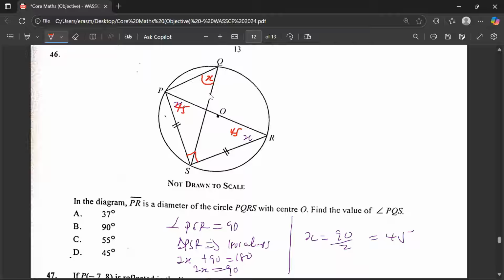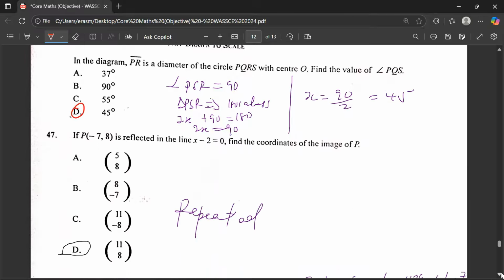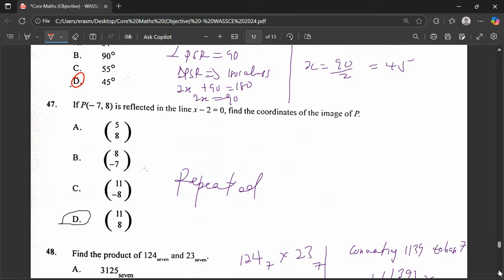And so angle PQS is equal to angle PRS. Hence, the right option is option D. So this is a repeated question, and so that is option D here.